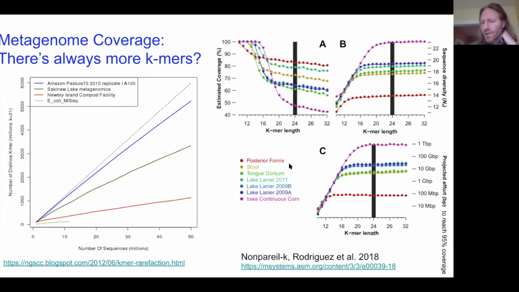So there's some body parts here, there's some stool, there's some natural lake samples, there's a soil sample here. So the soil, for example, it looks like it would take about a terabase of sequences to get 95% coverage of this sample, compared to a lake, which may only take 20 or 30 gigabase pairs.